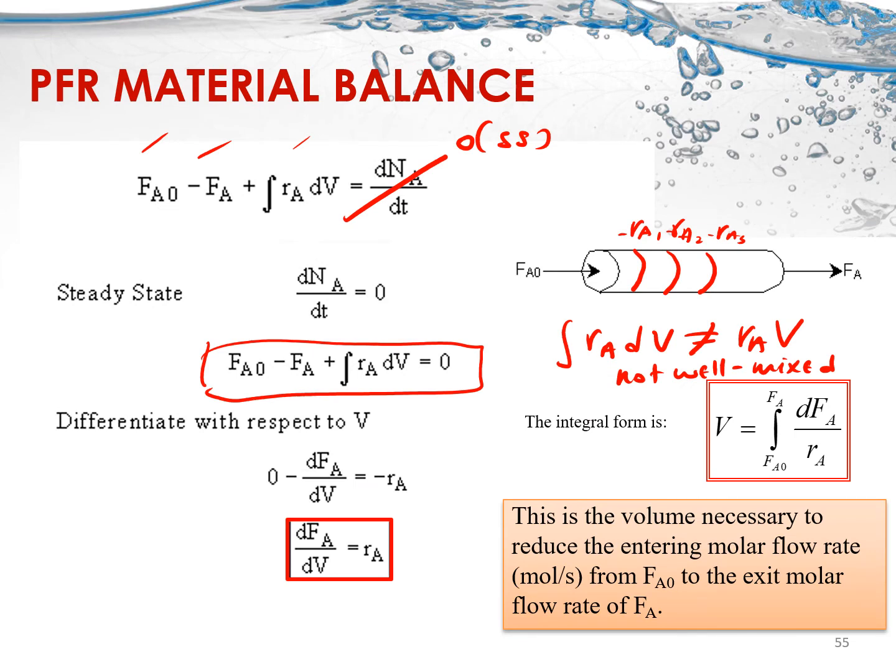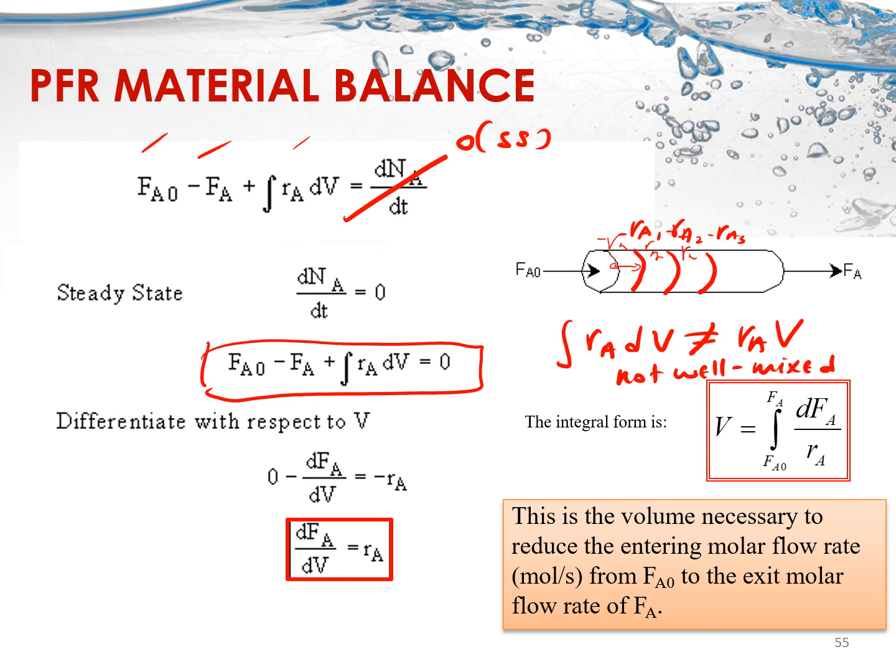Okay, for the PFR material balance, we have a cylindrical tube here, and at different axial points of location, there will be different reactions. So at every volume here there will be a different reaction, and this one also has a different reaction, RA3 and so on.